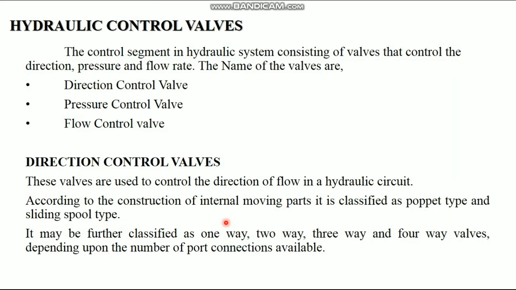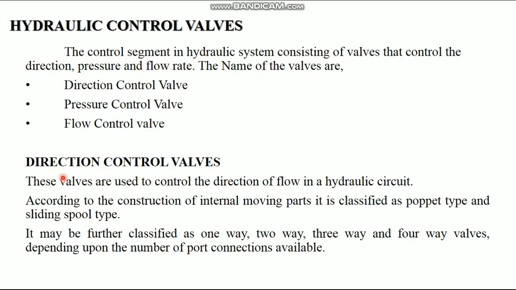Next, hydraulic control valves. Hydraulic control valves are very important components in a hydraulic system. There are three main types of control valves, that is direction control valve, pressure control valve, and flow control valve. Then briefly we can see about these control valves.